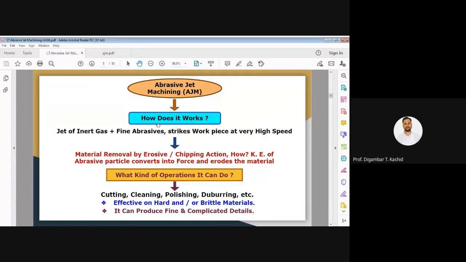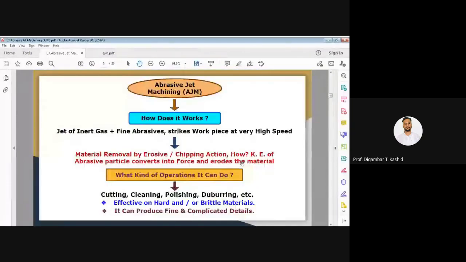So here you can see the material removal will happen using erosion action only. Okay, so the kinetic energy of your abrasive particle is going to convert into force, and then erosion is going to take place.